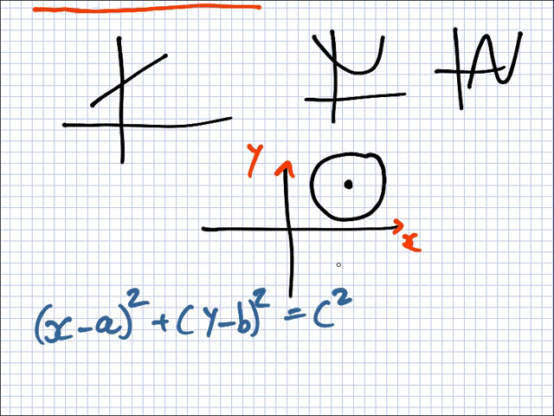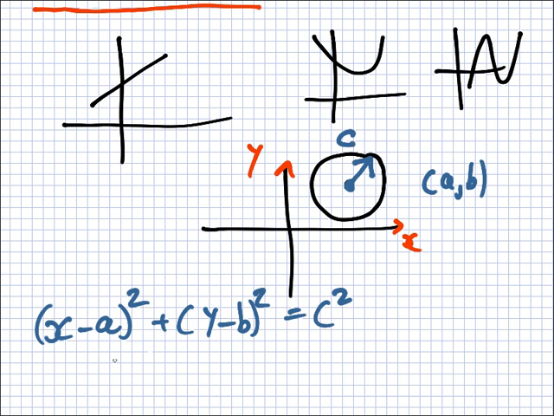This is the preferred way, because when it's written like this, the representation is quite clear. The center of the circle is the point (a, b). Whatever numbers you have here, that's the center of the circle. You could probably guess where this is going. What do you think would represent the radius?